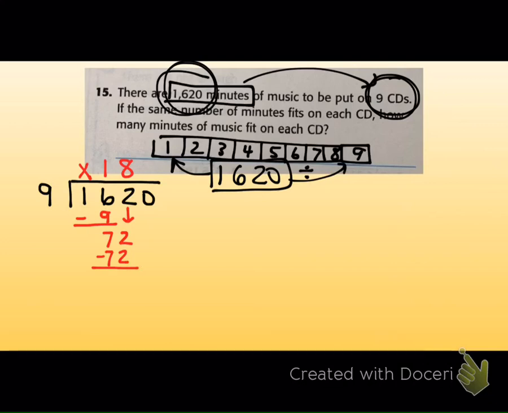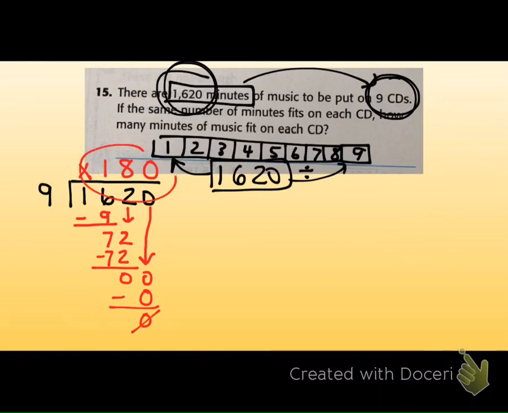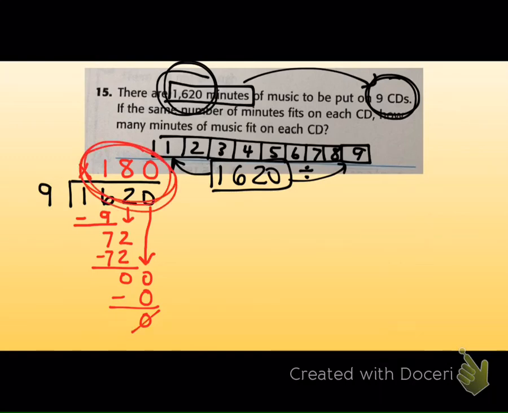We subtract that. We get 0. We bring down our next digit, which is the 0. How many times does 9 go into 0? Well, it goes in 0 times, doesn't it? We subtract. We have 0 for a remainder. So in each one of those CDs, there are 180 minutes of music. That's a lot of songs.